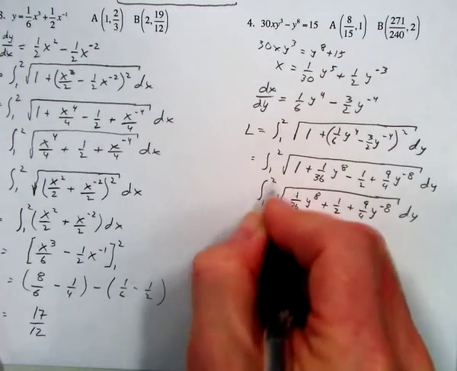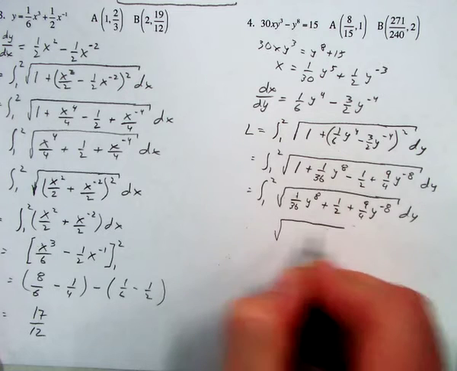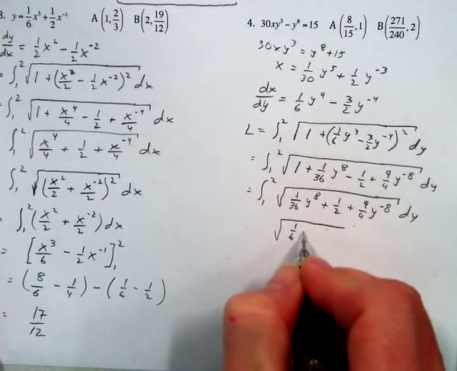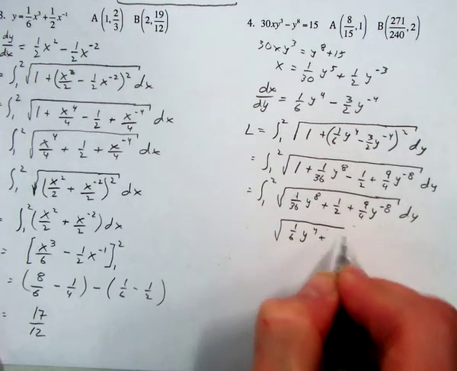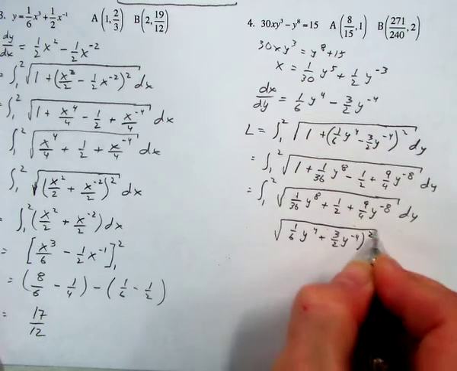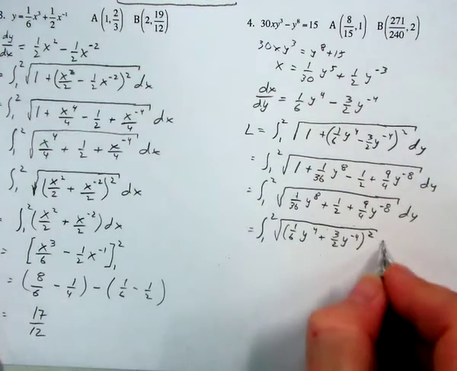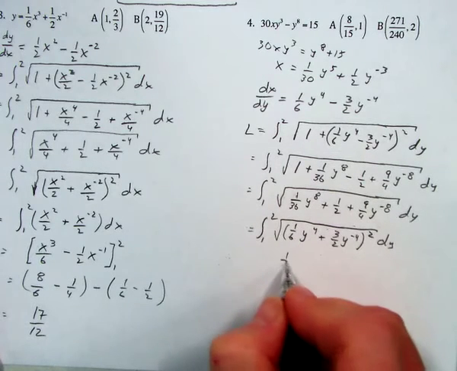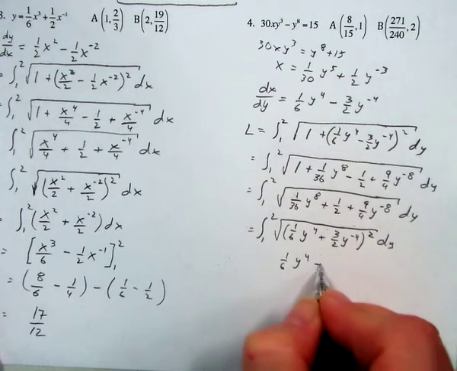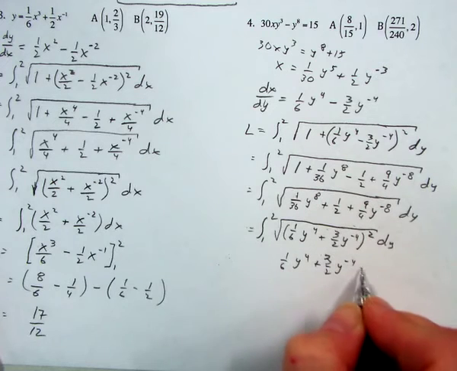You can factor that. The exact same thing we had before, except this time it's positive. 1/6 y to the 4th plus 3/2 y to the negative 4, quantity squared. Integral from 1 to 2 still. 1/6 y to the 4th plus 3/2 y to the negative 4.